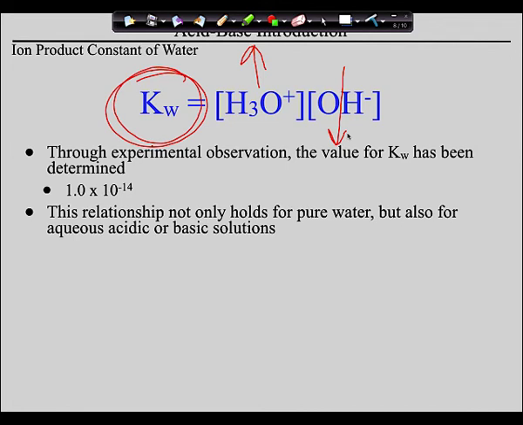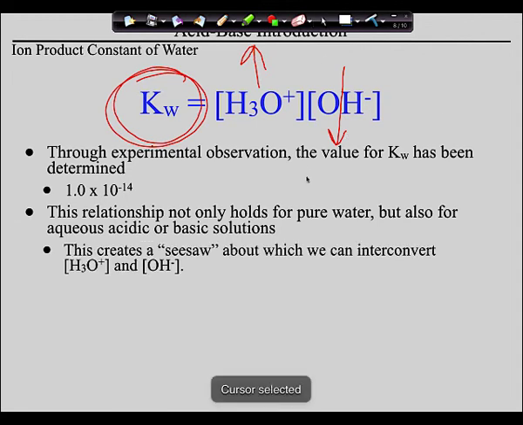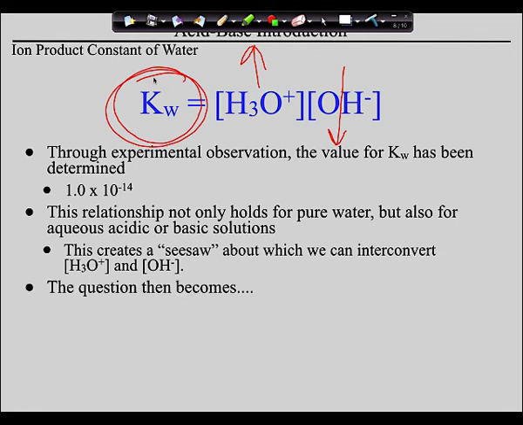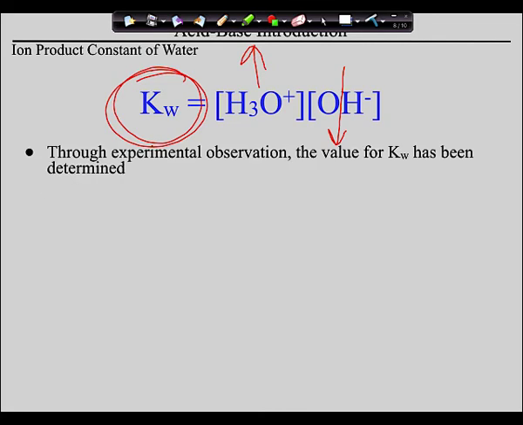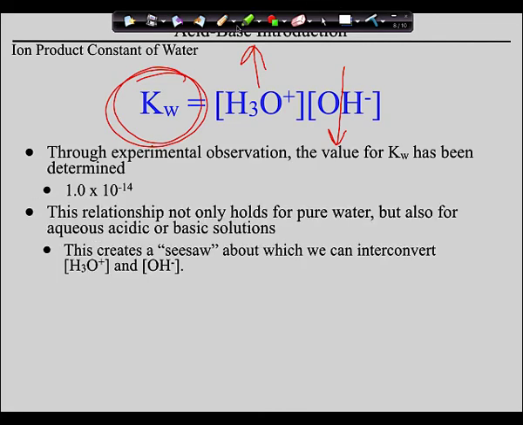And guys, the way that I think about this is I think about this as if it were a seesaw. And you don't need to write this down, but mentally that's the way I picture it. You can picture KW as being your fixed point, like a fulcrum on a seesaw.